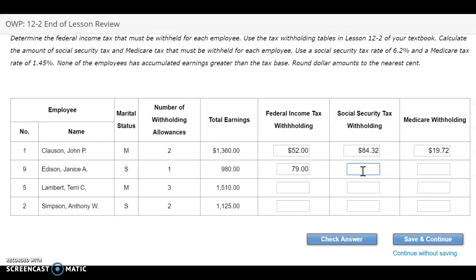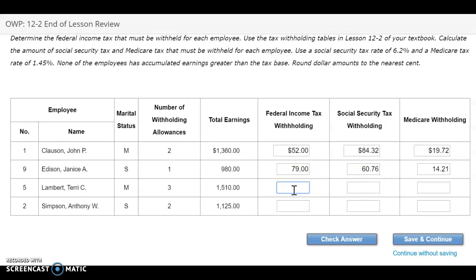So I'm going to take her total earnings of $980 times 0.062, so $60.76 for how much is taken out there. Then we have our Medicare withholding, take $980 times 0.0145, and I'll get $14.21.